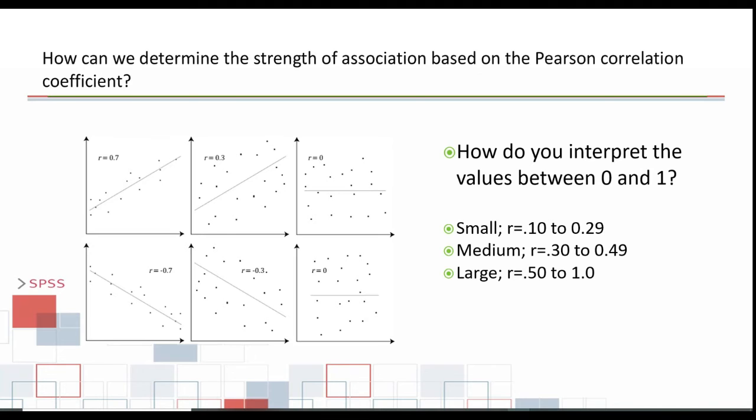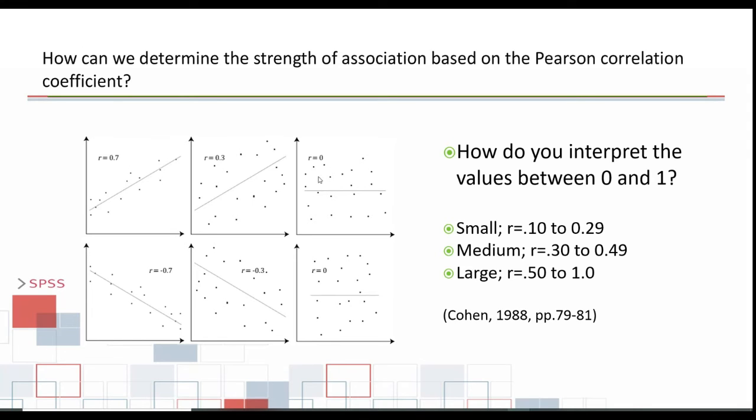As you can see here, based on Cohen, if your R is between 0.1 and 0.29, or less than 0.3, you can conclude that there is a small correlation between variables. If it's between 0.3 and 0.5, there is a medium correlation between two variables. If the correlation is greater than 0.5, you can conclude that there is a very large relationship between two variables.